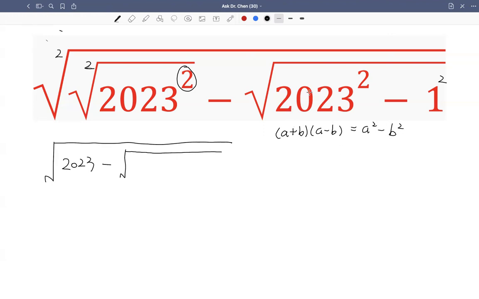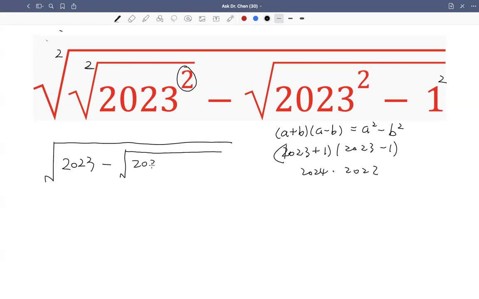In this case, our a is 2023 and our b is 1. So we can factor as 2023 plus 1, that's a plus b, times 2023 minus 1, that's a minus b. 2023 plus 1 is 2024, and 2023 minus 1 is 2022.